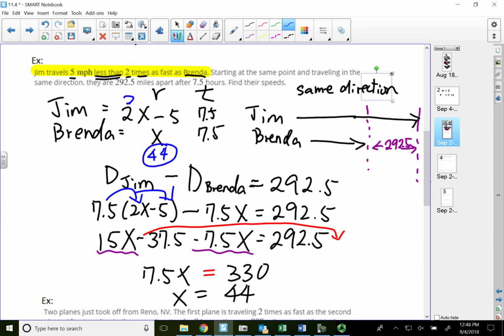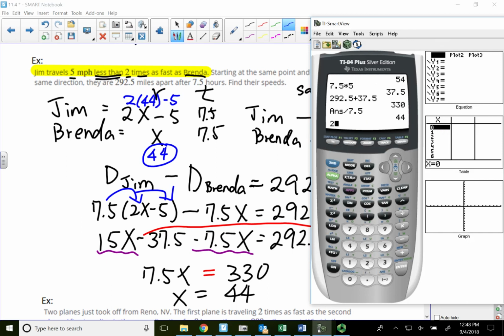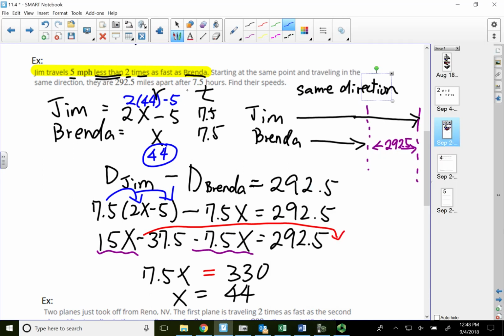Jim is 2 times the 44 minus the 5. So Jim travels 83 miles per hour. Okay, there you go. If you want to set up two equations using two different variables, we still need this distance formula. That's one equation. The other one would just be the translation part.